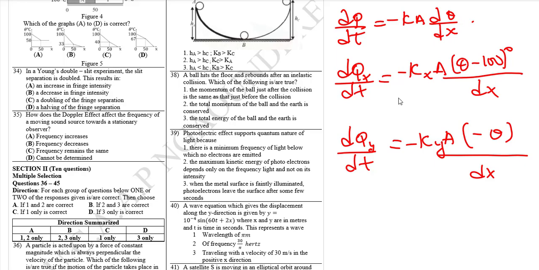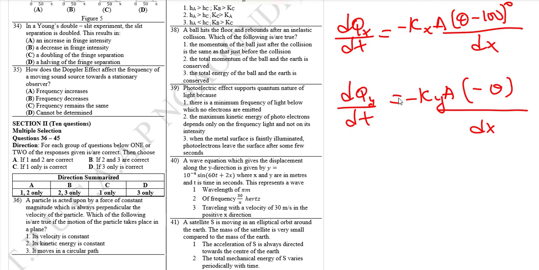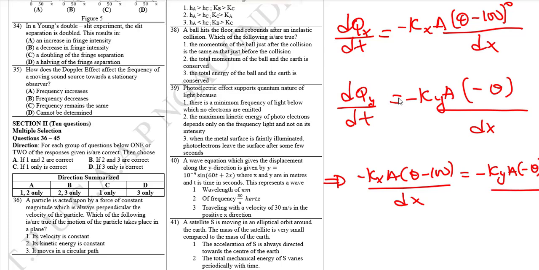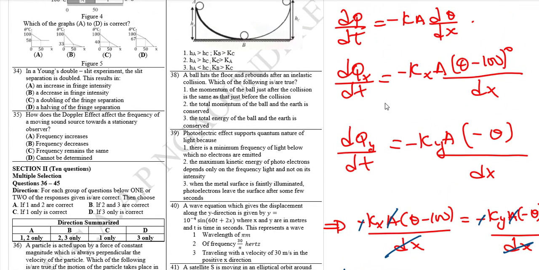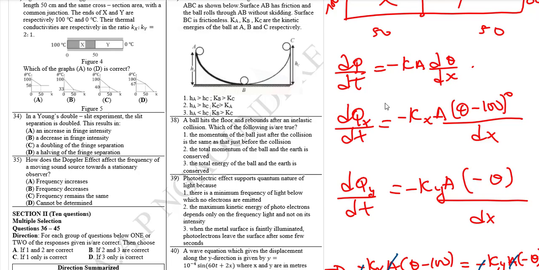Now the rate of heat flow is the same, so if we equate the two equations, here we'll have negative Kx A into theta minus 100 divided by dx, equal to negative Ky A into negative theta, all over dx. So we see that the dx cancels, the A's cancel, and these negative signs cancel. Remember, Kx is to Ky is equal to 2:1.